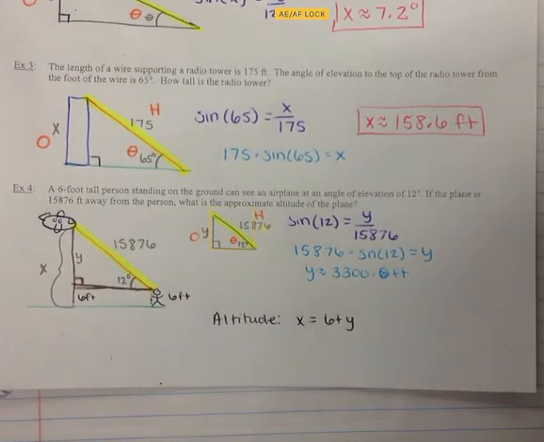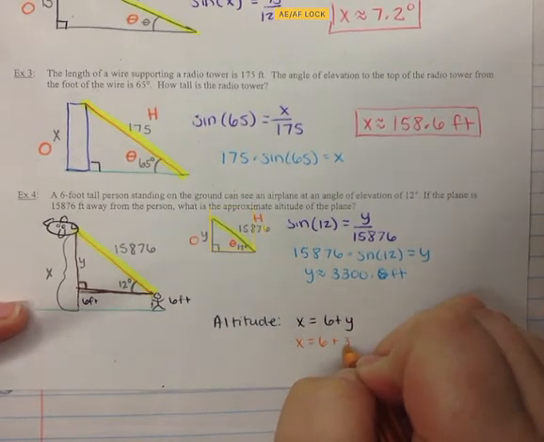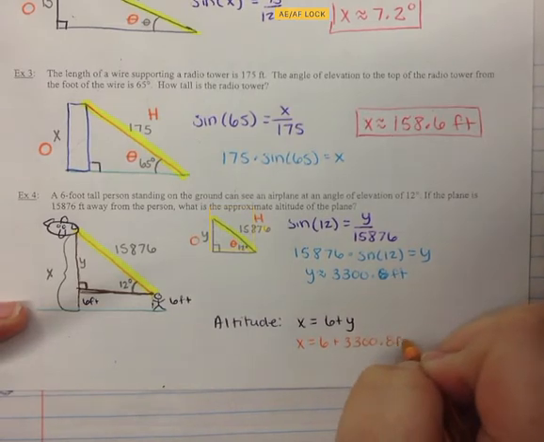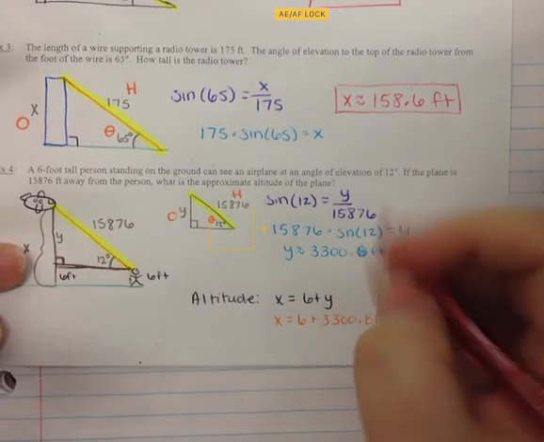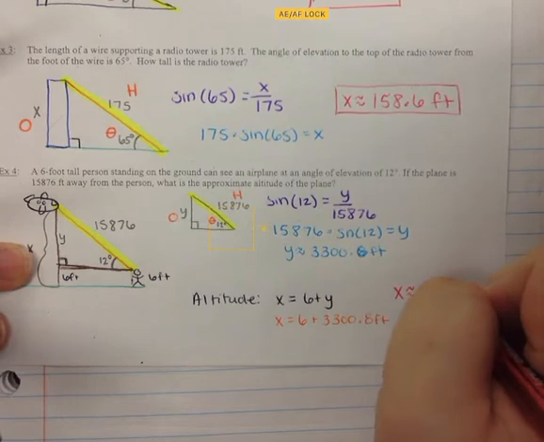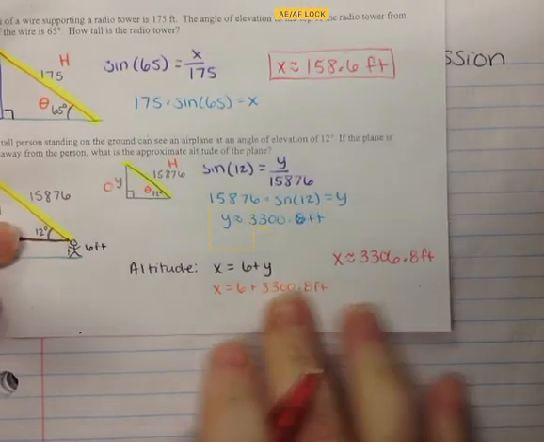So now I can say it's x equals 6 plus 3,308 and 8 tenths feet. Then just add them together. X is approximately 3,314 and 8 tenths feet above the ground.